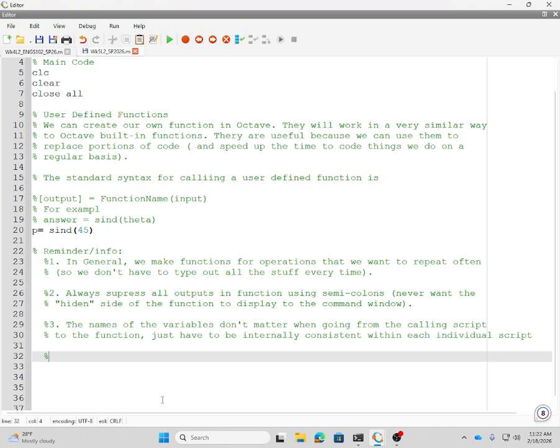So in the second one, I said just put the semicolon, so you don't display those, right? You understand? The third one I'm saying, when you have that x and y in the function itself, and you're writing that x and y equation in the user defined function, it doesn't need to be matched with your main script when you are calling that function. Is it clear?